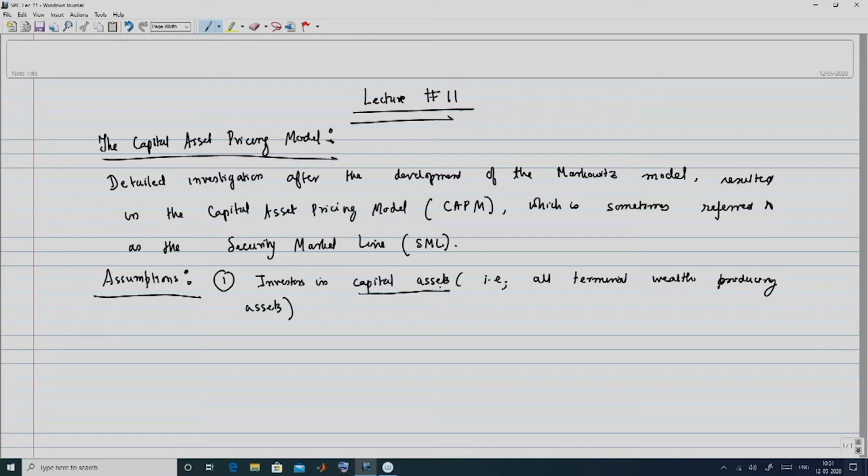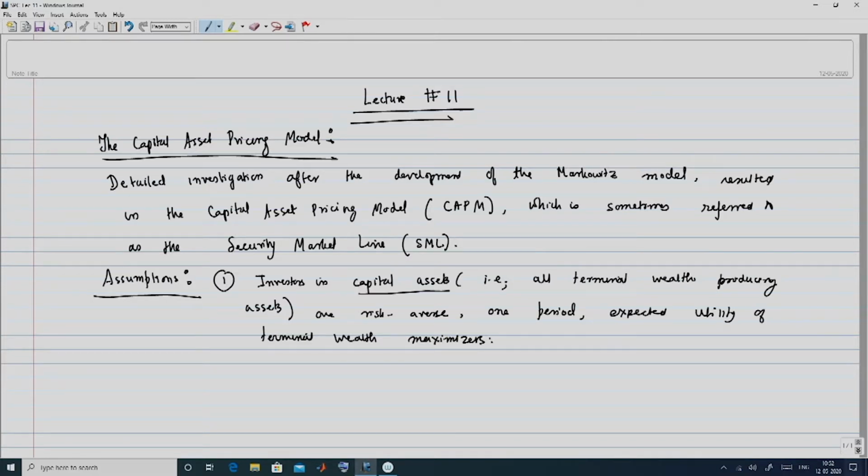So, all the investors who go for capital assets are assumed to be risk averse, and we will deal with this concept of risk aversion in more detail when we talk about utility theory. And this setup is for a one period model, and they are expected utility of terminal wealth maximizers.